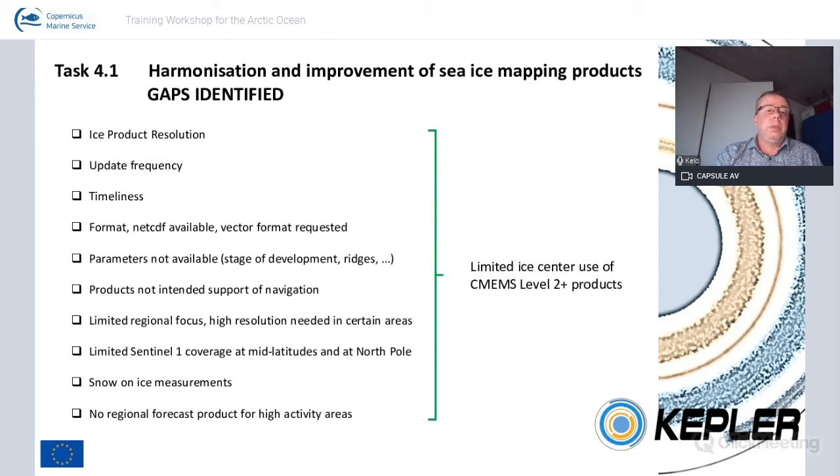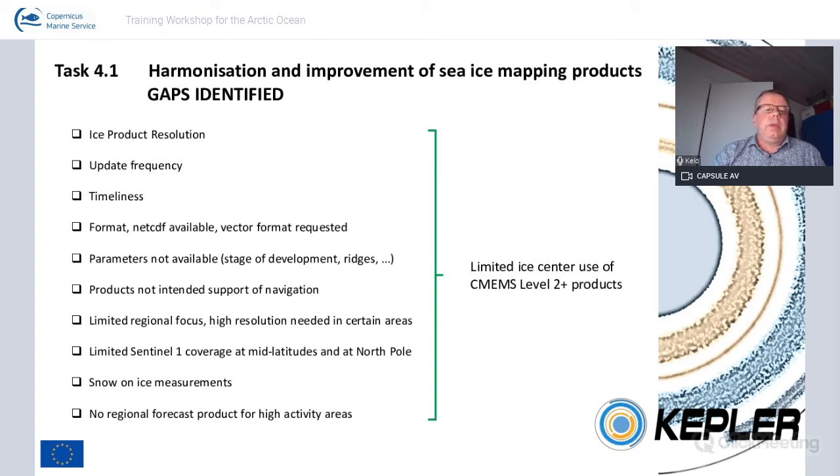To serve the marine community, we need to work on a scale typically from 10 to 100 meters. There are also issues about product update frequency and timeliness, especially in dynamic regions. The product needs to be updated quickly to serve the marine community.